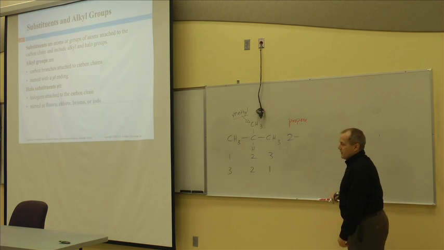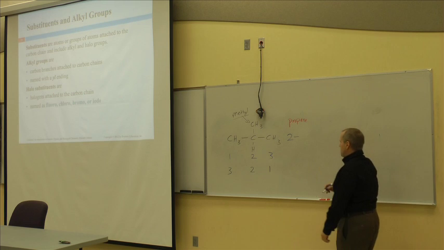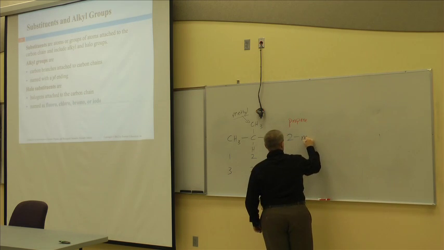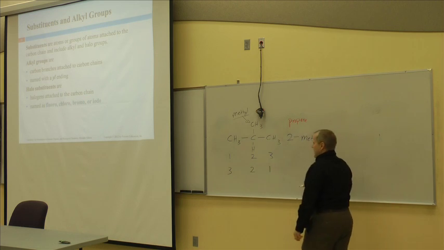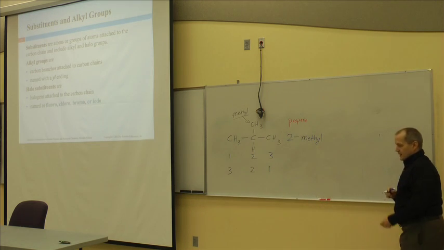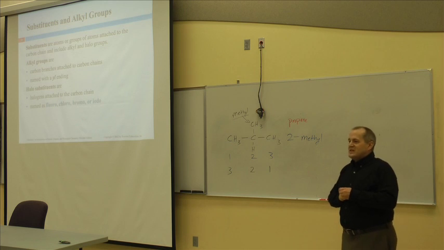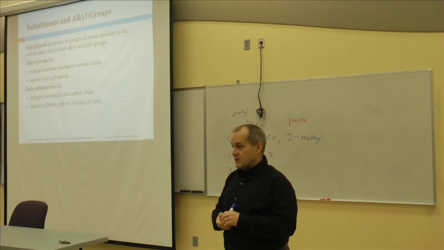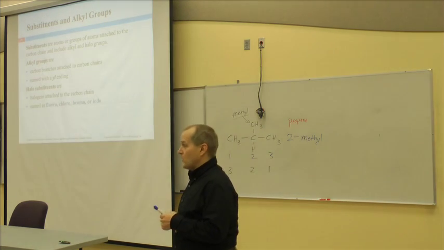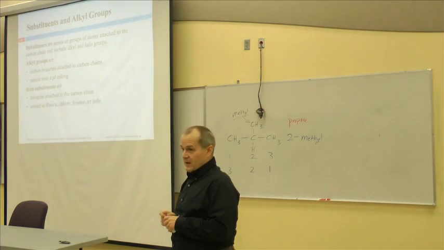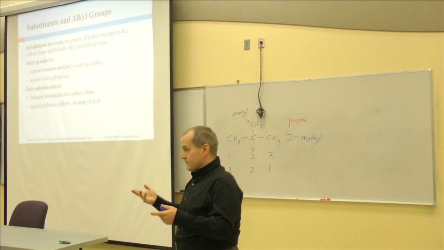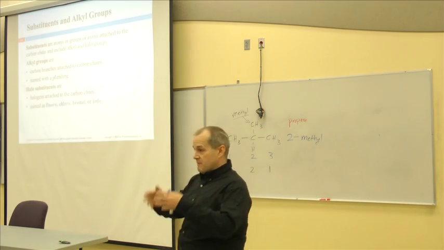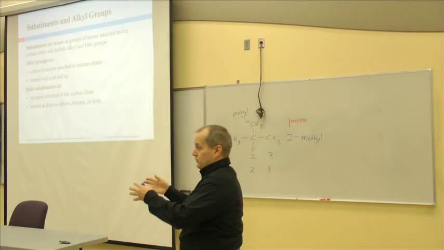The dash has to be there. 2 dash methyl. The 2 is the address. That's where the methyl lives. The methyl lives on carbon 2 according to the blue ink. Everyone follow that? 2 dash methyl means the methyl is residing on carbon 2.